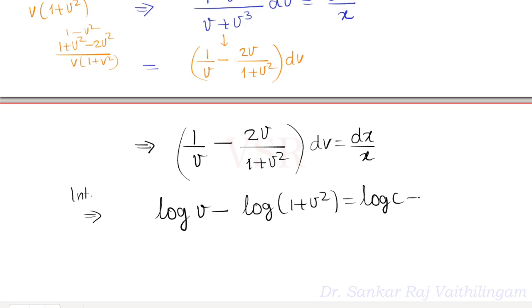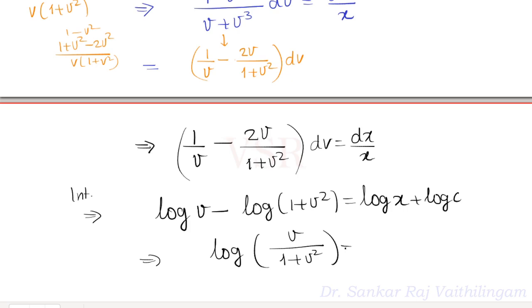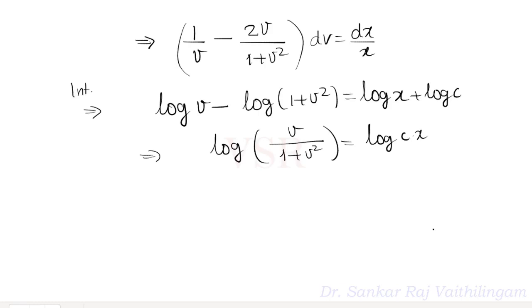This implies that log of v divided by 1 plus v square is equal to log of c times x. Taking exponential on both sides, we have v divided by 1 plus v square equal to c times x.